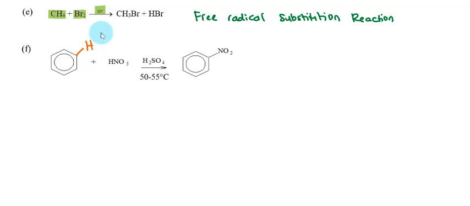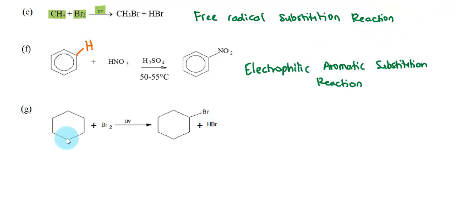So the reaction is a substitution reaction, and because it occurs on the benzene ring, it is an electrophilic aromatic substitution reaction. For G, we have a cycloalkane reacted with Br2 in the presence of UV. So again, it is a free radical substitution reaction.